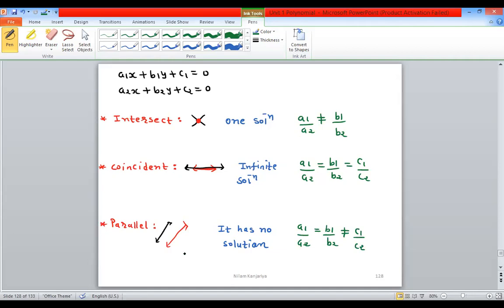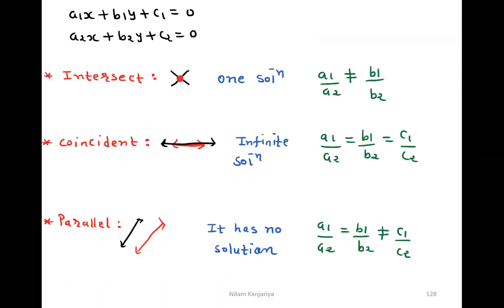So remember this condition. I am giving you some examples and you tell me whether the lines are intersecting, coincident, or parallel. The condition for intersecting, on your screen: A1 upon A2 and B1 upon B2 are not the same.